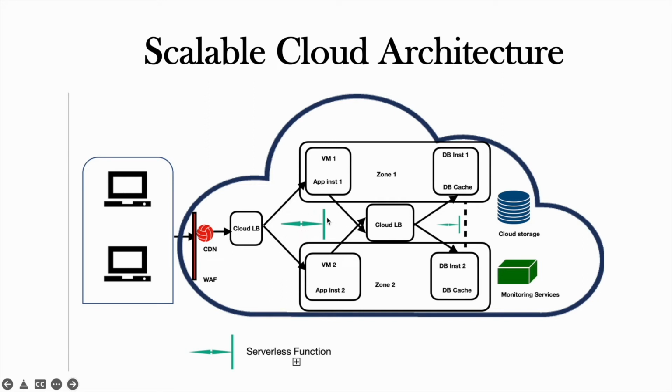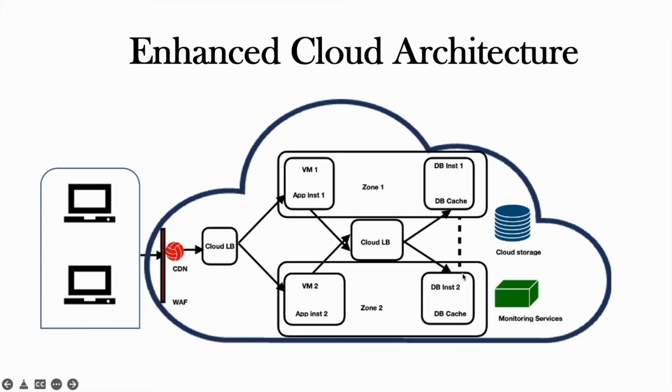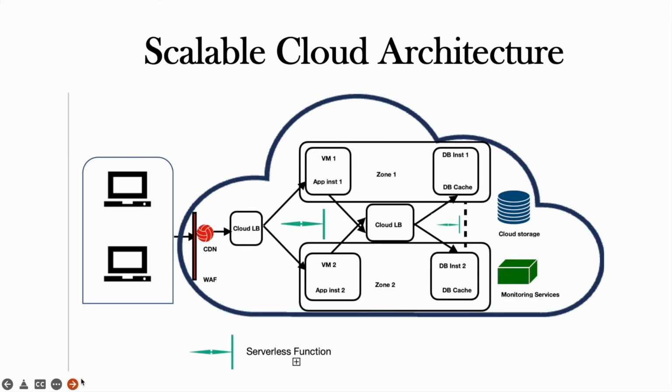It will all be handled by this function as a service, and your virtual machine will get spun up automatically. You can apply this serverless function in front of your virtual machines, and also in front of your DB instances where your DBs are running.